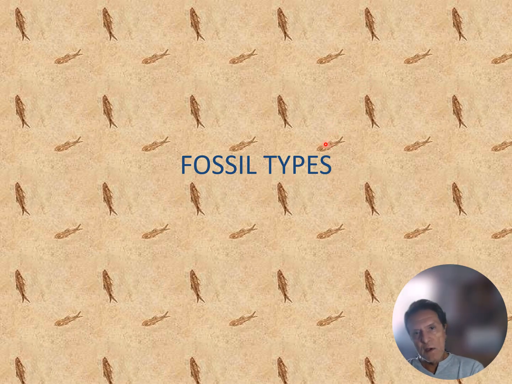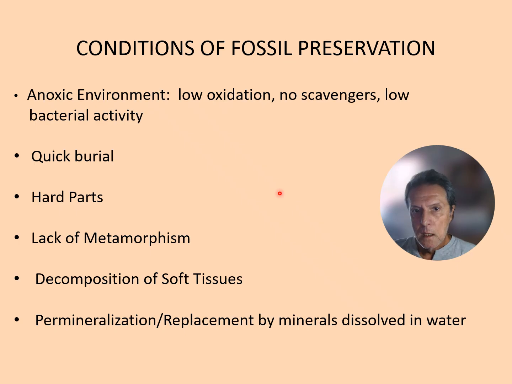Now, what types of fossils do we find? We find that fossils are preserved only under certain conditions. An anoxic environment is an environment with low oxidation, low oxygen activity, low chemical activity, no scavengers, low bacterial activity.